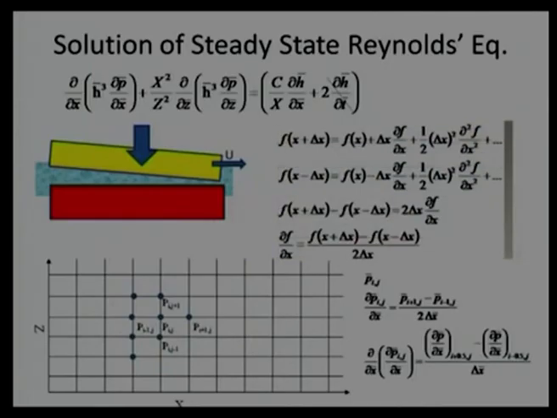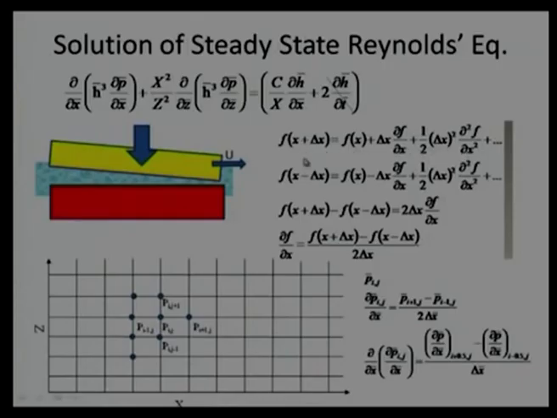We can explain this with a Taylor series. We know the Taylor series: if x is defined and there is some delta increment, it can be expressed in terms of f of x plus delta x, with the first gradient of f with respect to x as the second term.